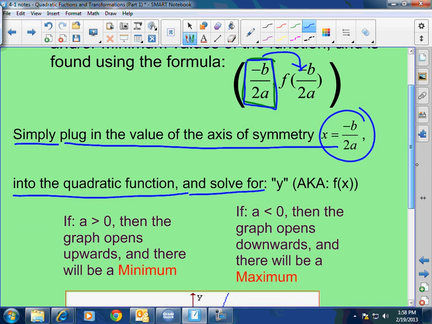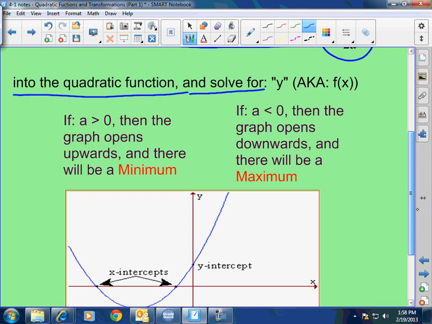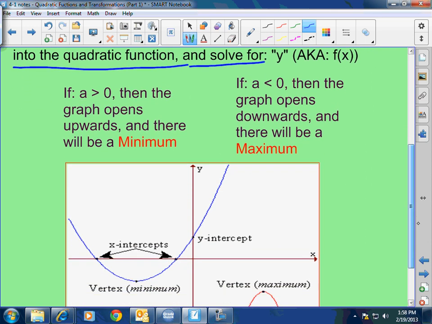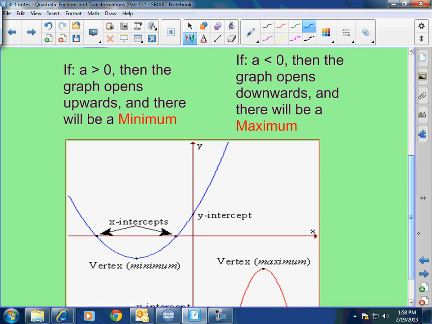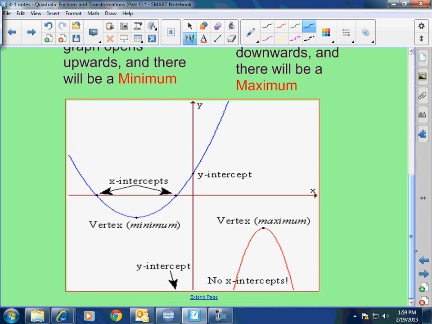Now, let's talk a little bit about the max and min again. If a is greater than 0, if a is positive, remember that the graph will open upwards and there will be a minimum. Please look at the blue graph here. This is my vertex and that's my minimum. If I wanted to, I would have an axis of symmetry going down the middle.